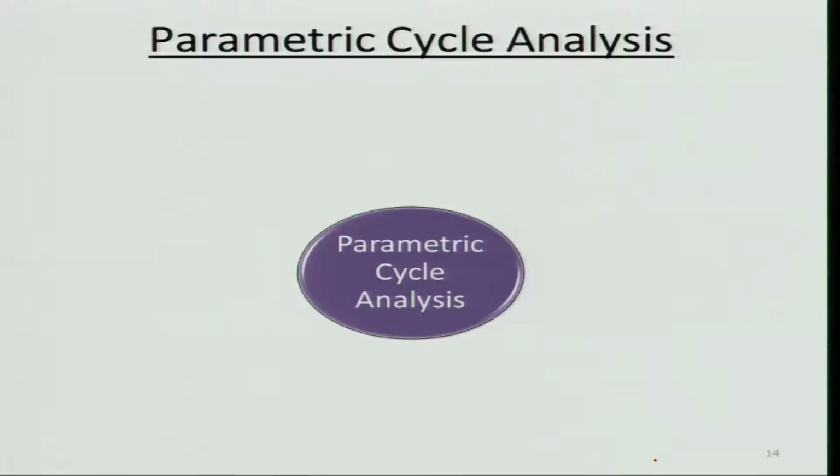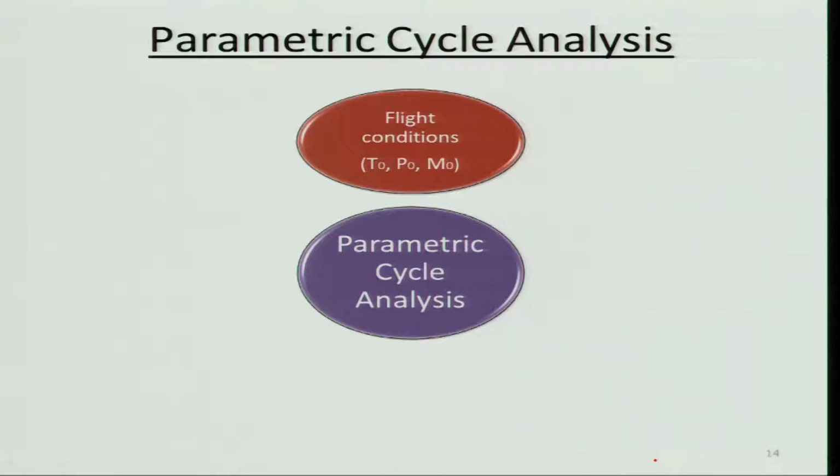So, let us look at how we can carry out this parametric cycle analysis. That means we will be looking at parametric cycle analysis. First, we will consider the ideal cycle, then we will consider the real cycle. As I told you, parametric cycle analysis is very important, because here the flight conditions like altitude and flight velocity vary.